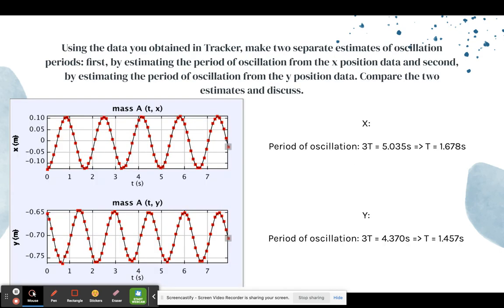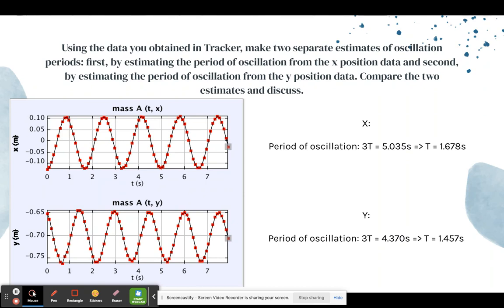And then we also wanted to talk about period of oscillation, given the tracker data. If we found the period of oscillation for the X versus T graph, it was about 1.6878 seconds. And then the period of oscillation for the Y versus T graph was about 1.457. These are a little off. The reason for that is that the object acting in Y and X are affected by different components.